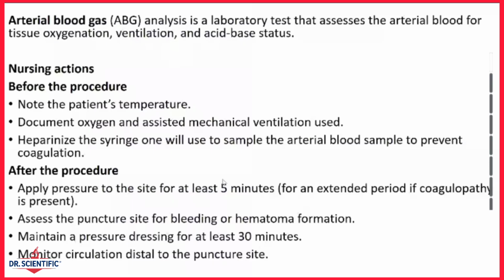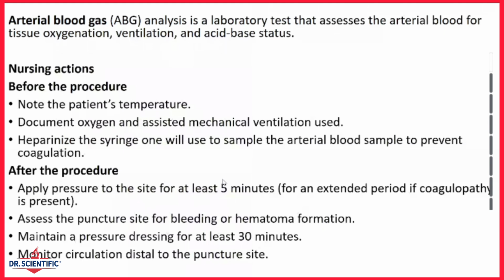The arterial blood gas, like I've said, measures the oxygen levels and oxygen saturation levels within the arterial blood. So it can help you to assess respiratory, metabolic, and also the acid-base balance within the body.